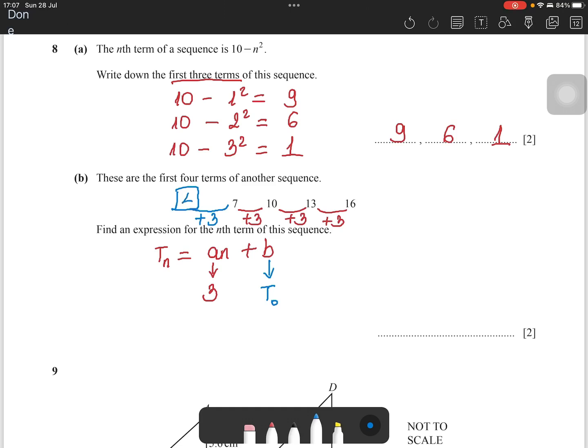It is 4. So b is equal to 4. Thus, the answer is an plus b. an means 3n, b means plus 4. So the answer is 3n plus 4.